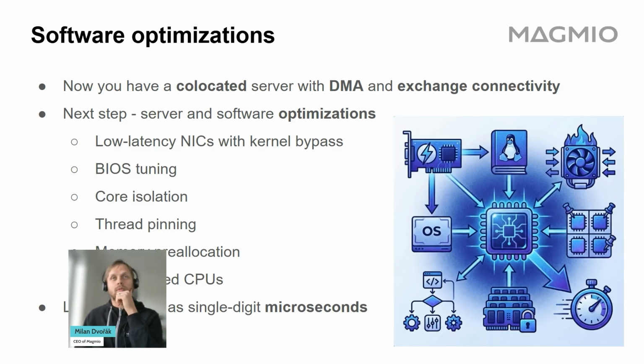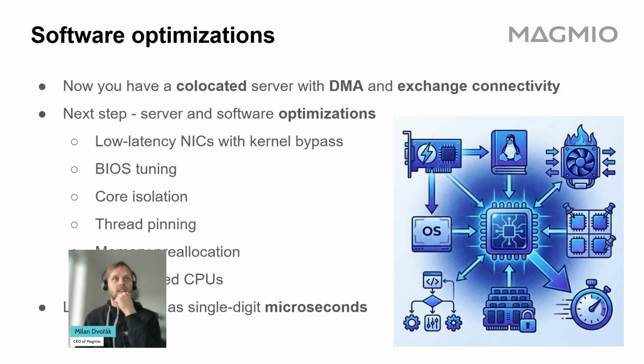But some examples of these optimizations are getting specialized NICs, which means network interface cards with kernel bypass, which speeds up the communication between the network and your software and your CPU.